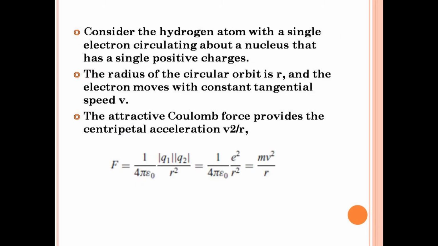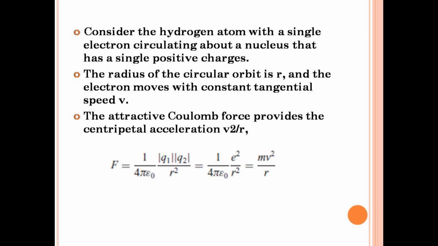Next we are going to discuss Niels Bohr's model for the hydrogen atom. Consider a hydrogen atom with a single electron circulating about the nucleus that has a single positive charge. The radius of the circular orbit is r and the electron moves with constant tangential speed v. Then the attractive Coulomb force, as we all know, is F = 1/(4πε0) q1q2/r².